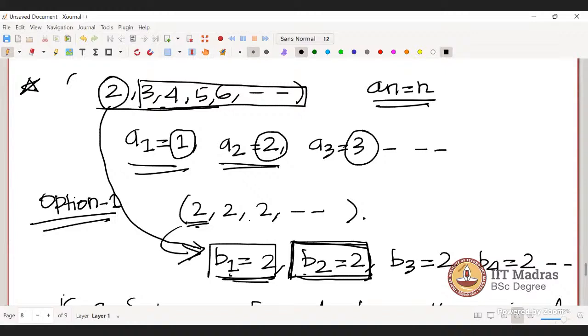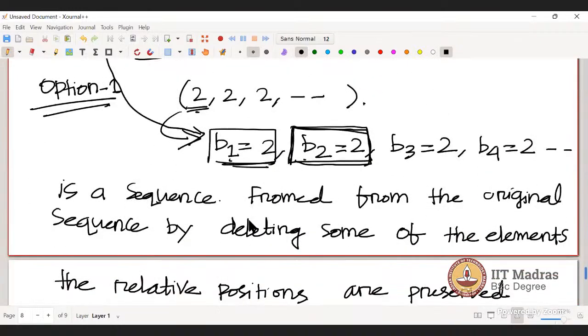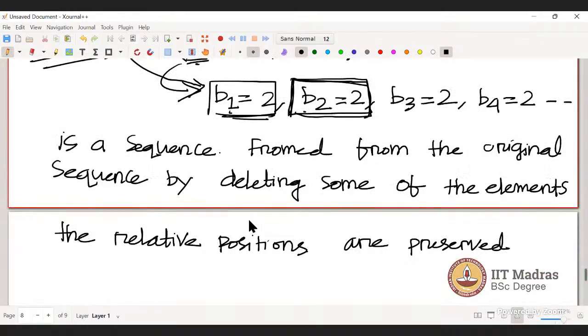Suppose you have 2 here, then what you can do is remove these two things and get 2 here. Because it says that you can delete some of its elements, but you should not disturb the position, right?